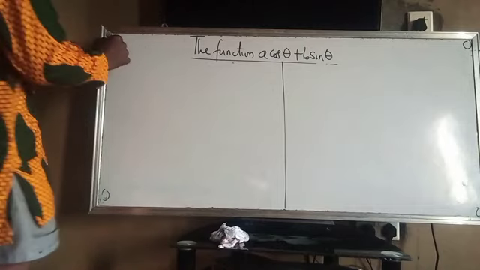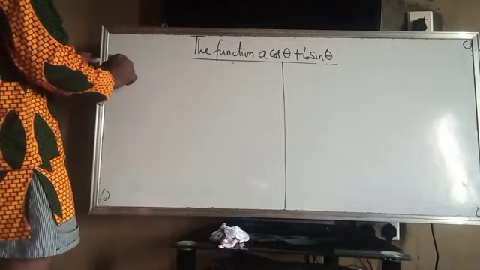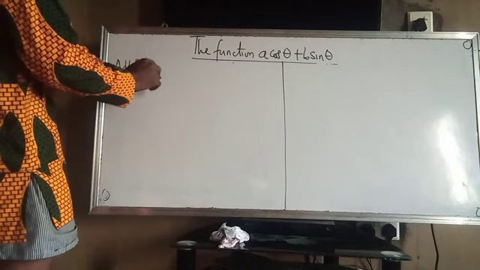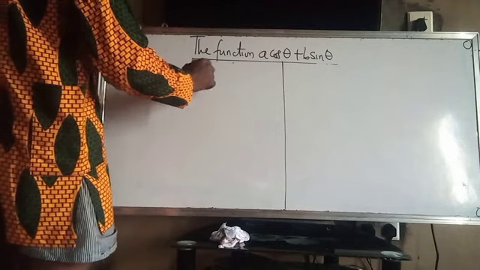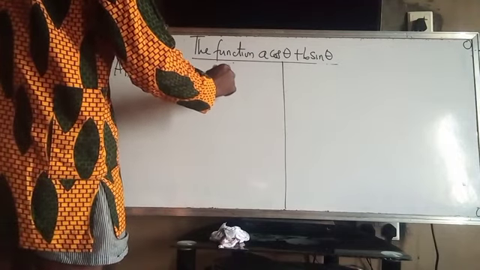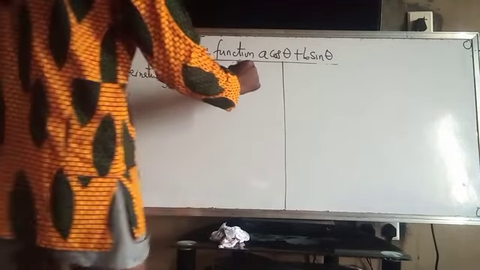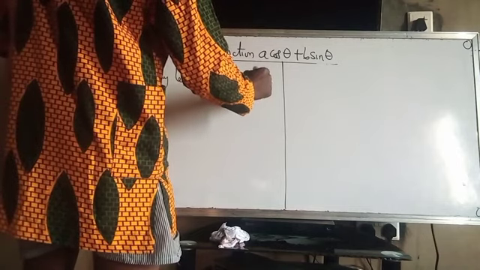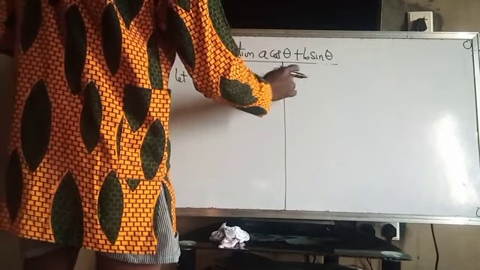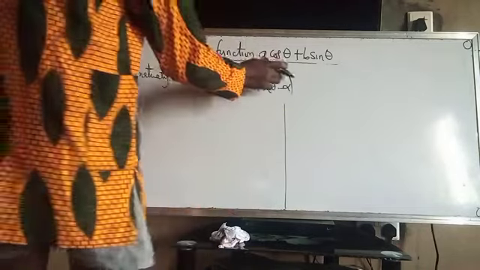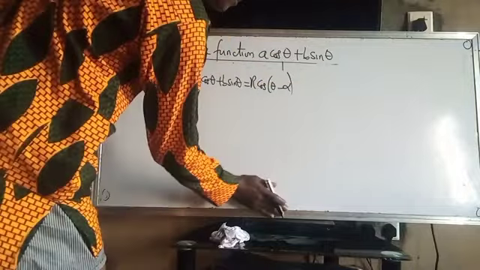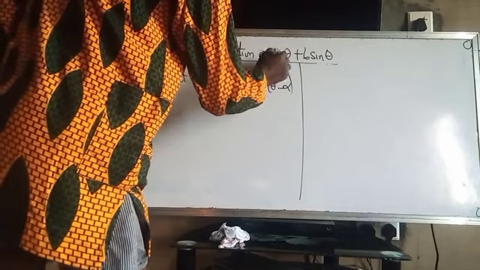Now, alternatively, let a cos theta plus b sine theta be equal to r cos theta minus, we can use alpha, we can use beta, we can use anything. So let's use our alpha back so that we understand it easily.